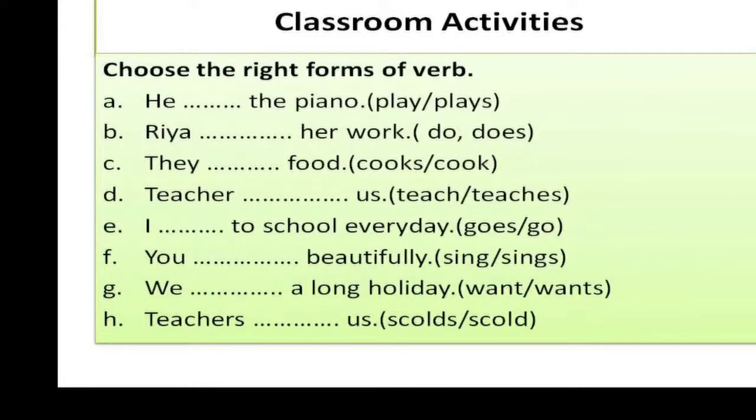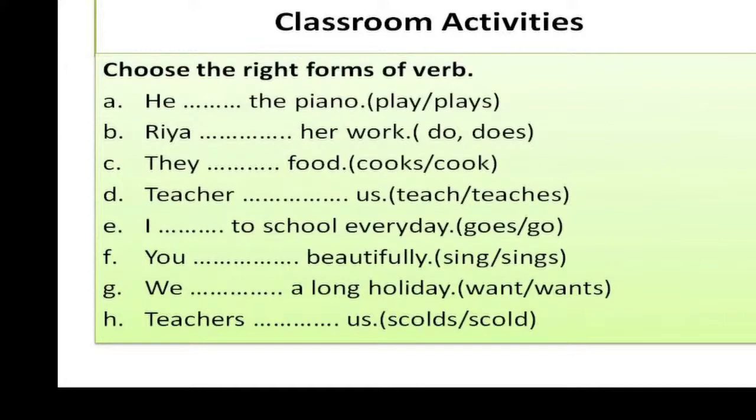Now let's go to the subject, that is they. They is singular or plural? That is a plural pronoun. D number, teacher, teach, teaches. The second option has got ES, so that is verb 5, and the subject is teacher. S is not added at last, so that will be singular.